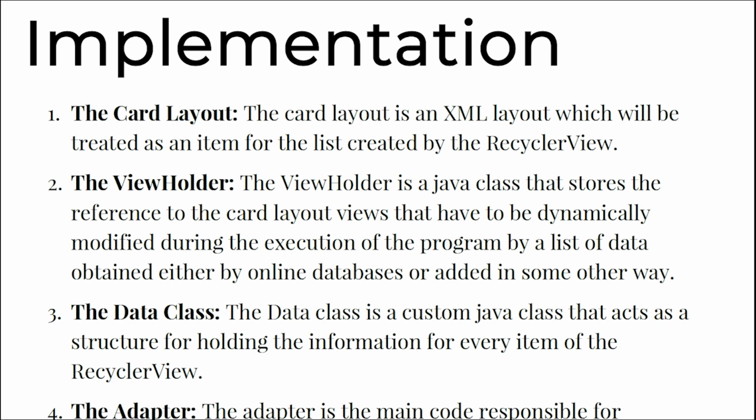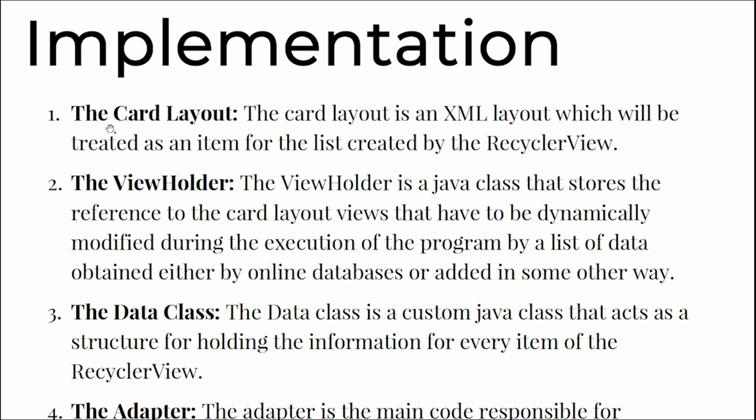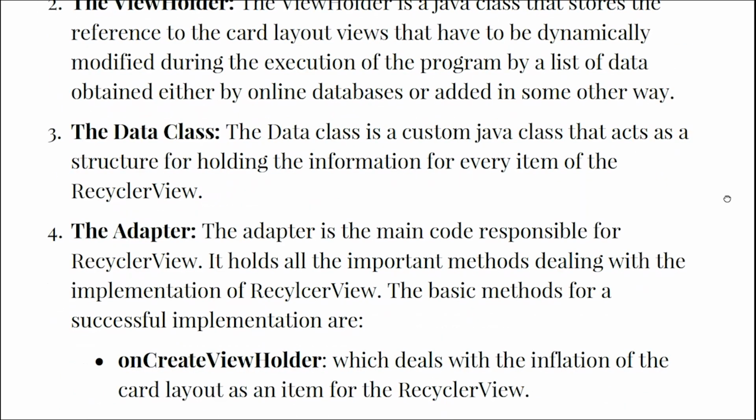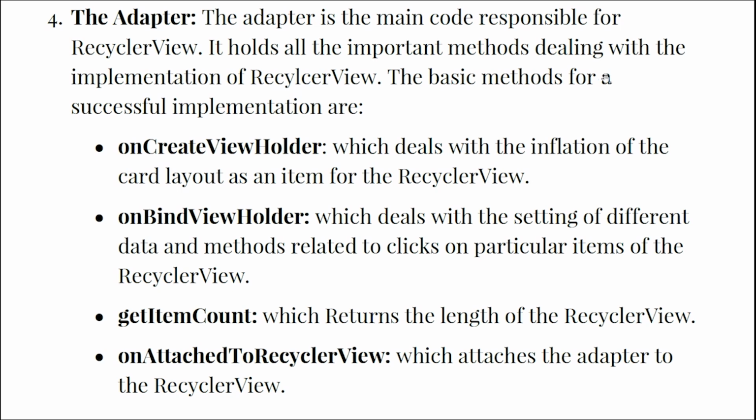In the implementation, we are going to create four things. We are going to create a card layout, which is the form of the item of the RecyclerView. The view holder will hold the card layout items or widgets and declare them. The data class will act as a structure for holding the information for the RecyclerView, and the adapter is the main part responsible for RecyclerView that holds important methods dealing with its implementation.